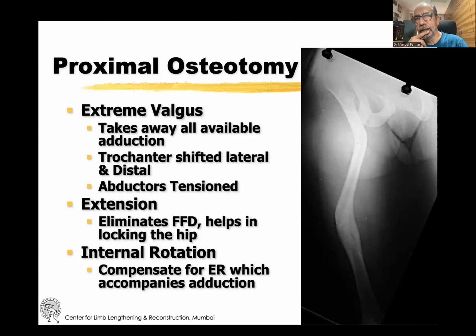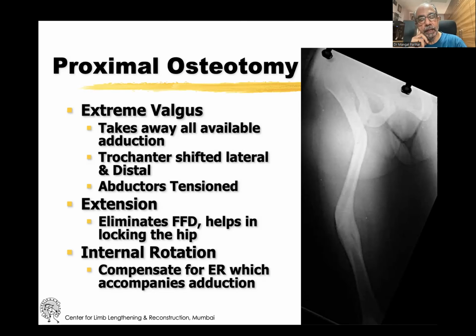The trochanter is shifted laterally and distally, which tensions up the abductors. But I think more when there is no fulcrum at all, this part is a little less important than the fact that it takes away all the available adduction. So if there's no adduction left, the pelvis just cannot drop. There is also in this, we can add extension in that.